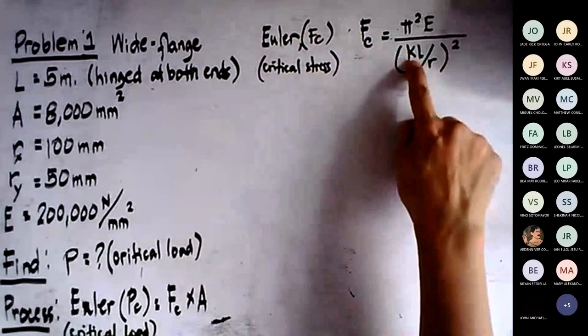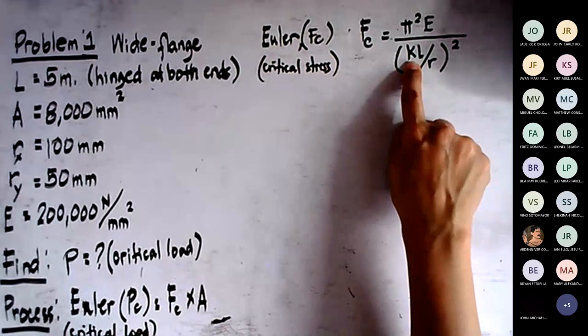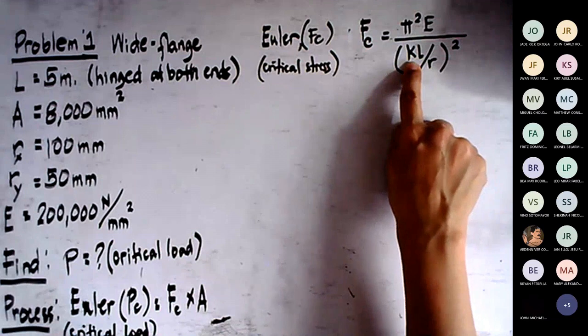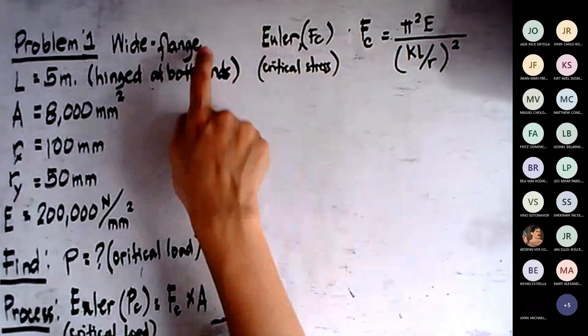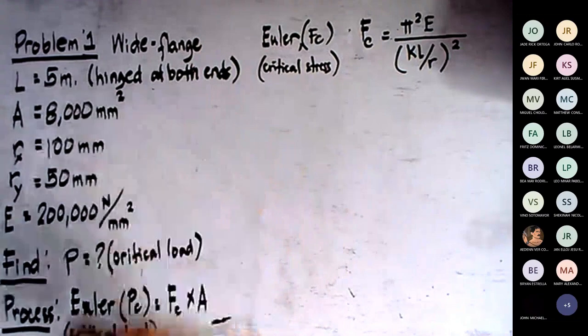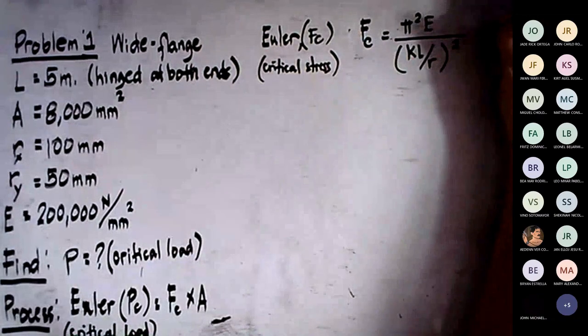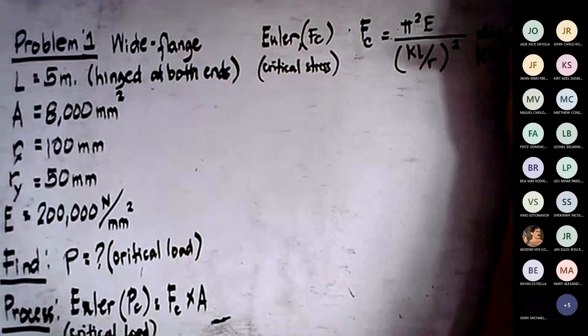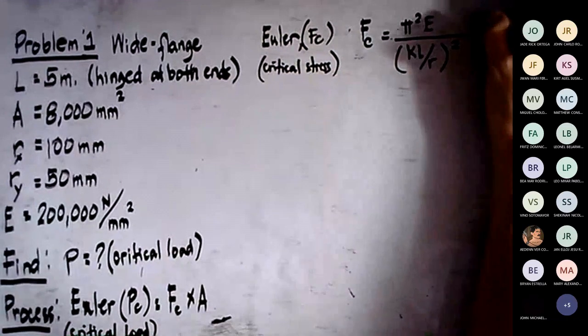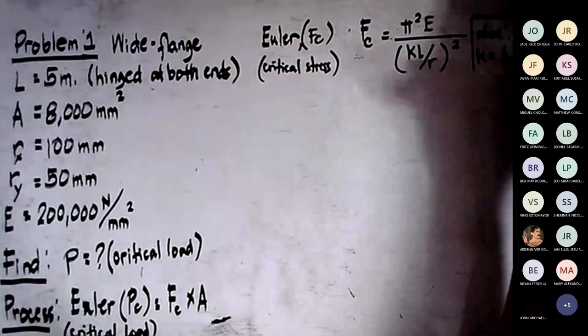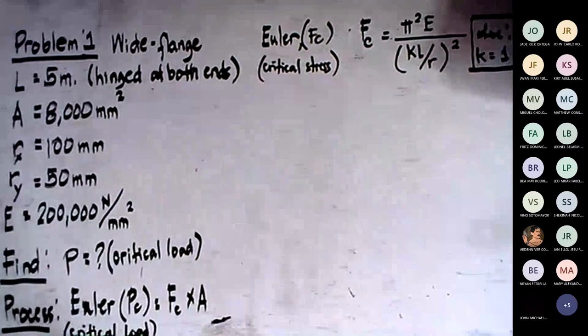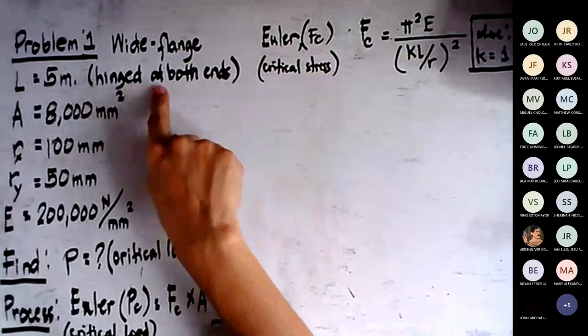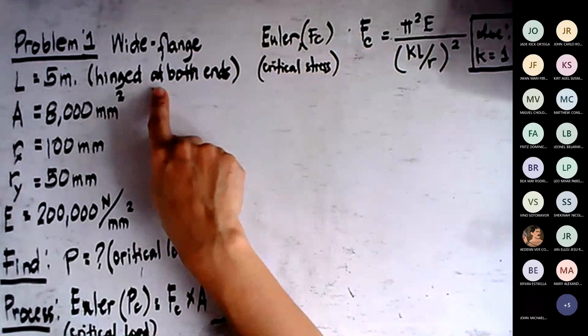Wherein the value for K depends on the condition of the end support. So in this particular case, since the column is a wide flange section with hinge at the bottom, the value of K that we are going to use is equal to 1. Again, the value of K is dependent on the end condition of the supports.